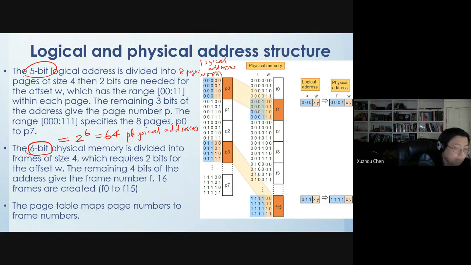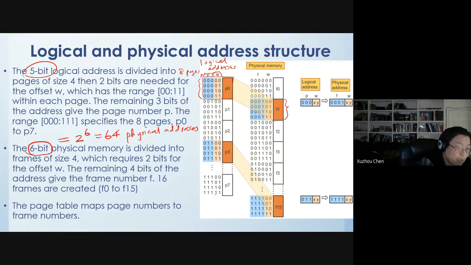Okay. Now, with this paging scheme, the page size is 4 addresses. So remember, in paging, when we choose a page size of 4 in the logical address, we also have to choose a frame size of 4 for the physical address. Because eventually, we're going to load each page into a frame. So the size of the page should be the same as the size of the frame.